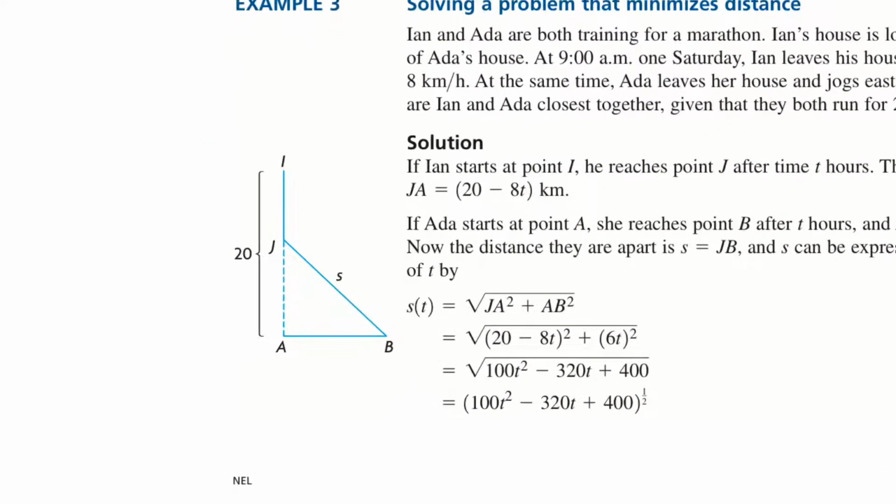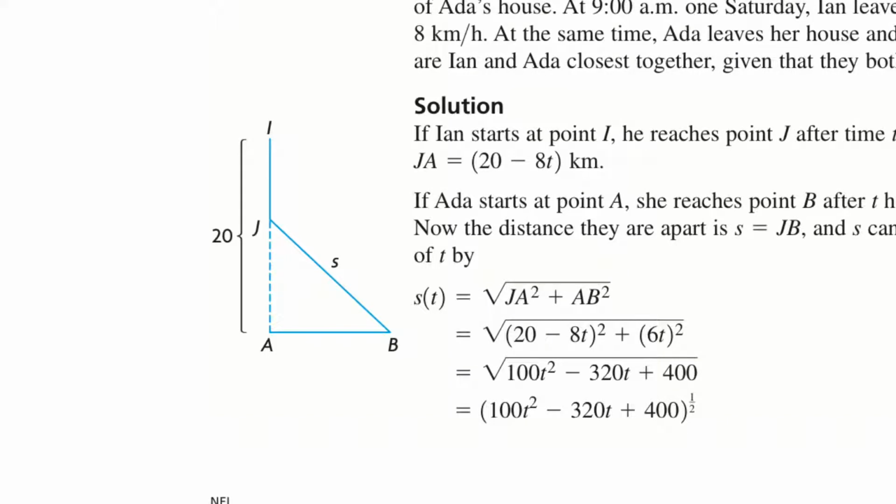A simple diagram is here. Jan's house, Ada's house. JA is 20 kilometers, Jan moving south, and Ada moving east.